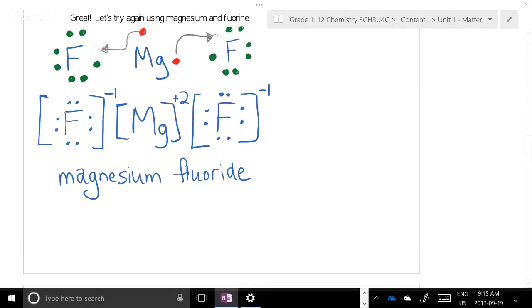And what would its chemical formula be? How would I write this in chemical formula? MgF2. Very good. Mg, F, and where does that 2 go? The bottom. Good. Does that make sense?